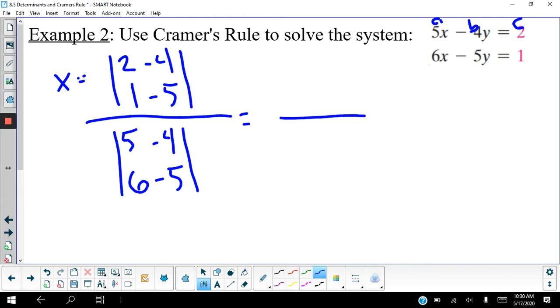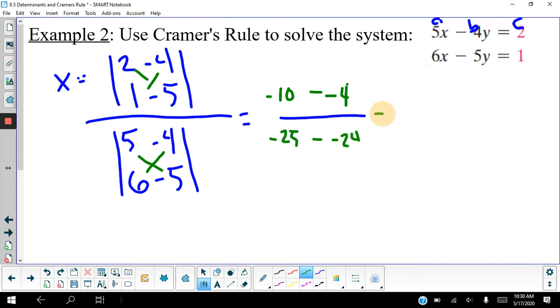So if we do our determinant, we have 2 times negative 5, so negative 10, minus 1 times negative 4, so negative 4. And on the bottom we have 5 times negative 5 minus 6 times negative 4.